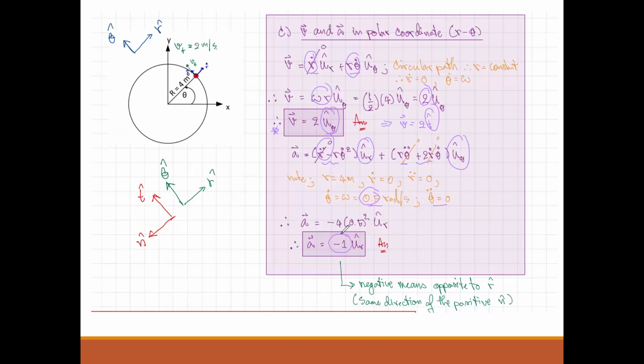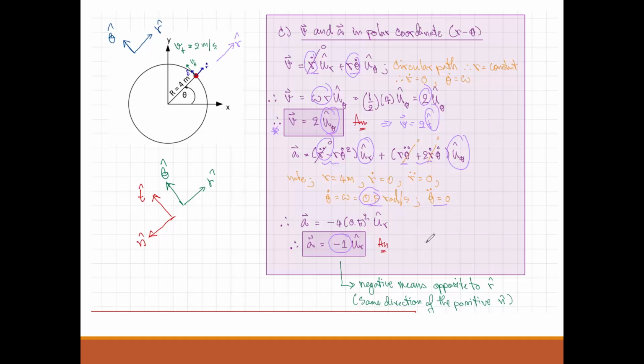Why is it -1? Because the positive direction of r goes out from the center of the curve. But in this case, it is the normal acceleration, the acceleration that tries to change the direction of the particle to move in the curve. So the direction of this acceleration is toward the center of the curve.